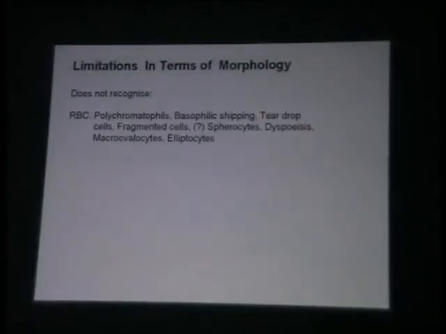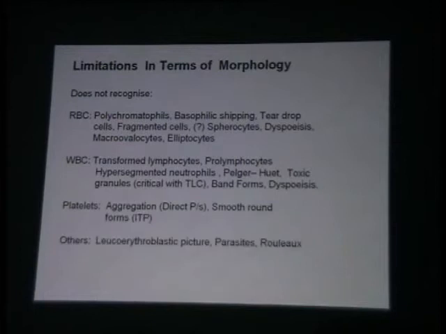Now, what is the limitation in terms of morphology by these counters? These counters cannot recognize polychromatophils, stippling, a lot of red cell parameters cannot be seen by these machines. In the WBC also, a number of parameters like atypical lymphocytes, Pelger-Huet, toxic granules, band forms cannot be seen by these machines.